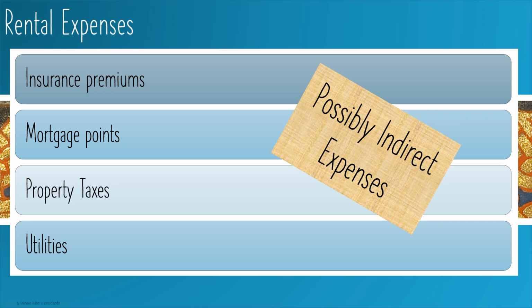So things like insurance premiums, mortgage points, mortgage interest, and property taxes and utilities may have a calculation involved where part of those expenses can flow onto Schedule E. Some of those expenses might need to flow onto Schedule A as itemized deductions, and some of those expenses wouldn't be deductible as personal expenses at all. So you would have a portion go to Schedule E and the other portion would not be on the taxpayer's return because it's not deductible.